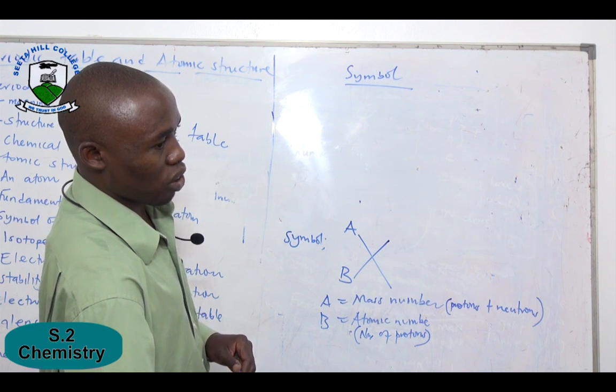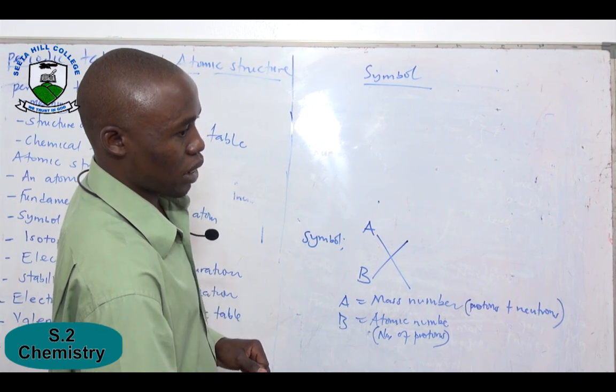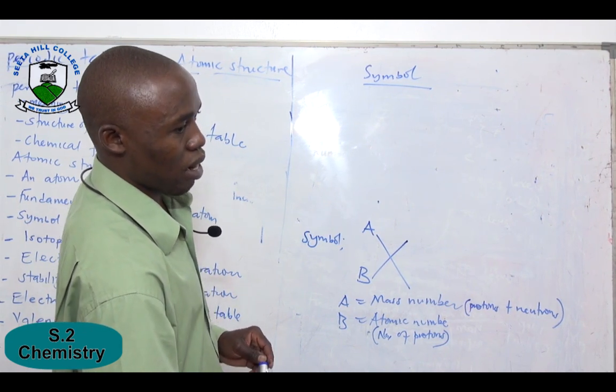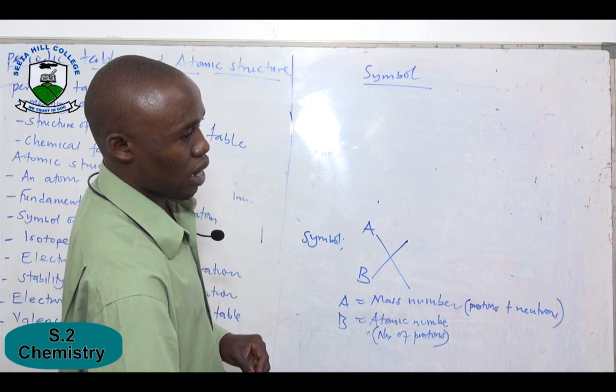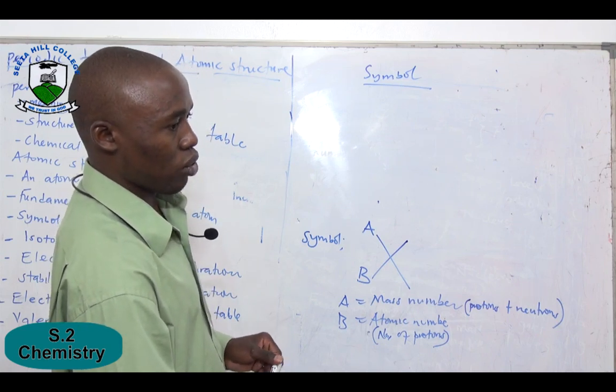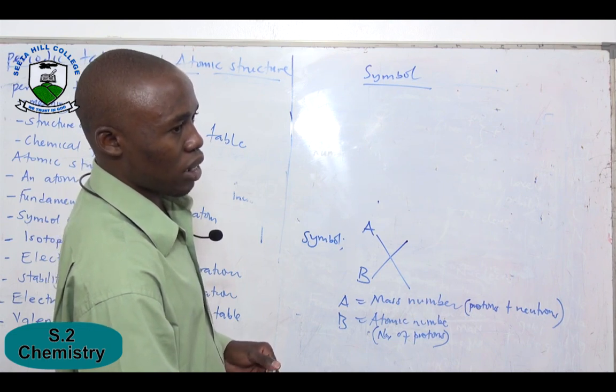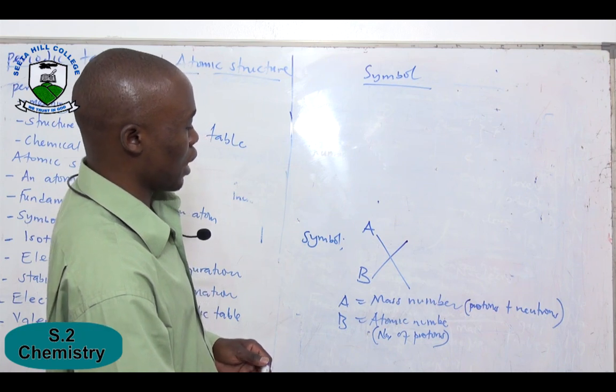Those definitions are very, very important, especially in assessment. Define mass number: the sum of the number of protons and neutrons in the nucleus of an atom. Why? Because the mass of electrons is negligible.